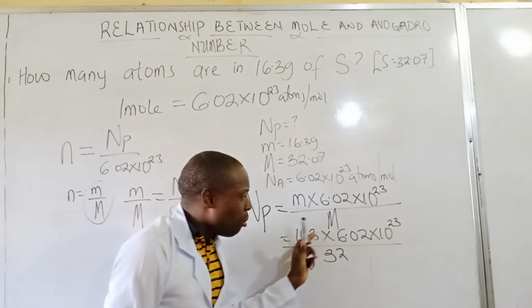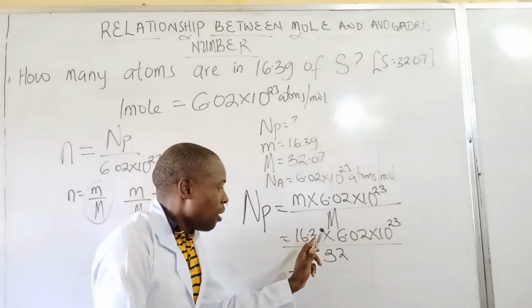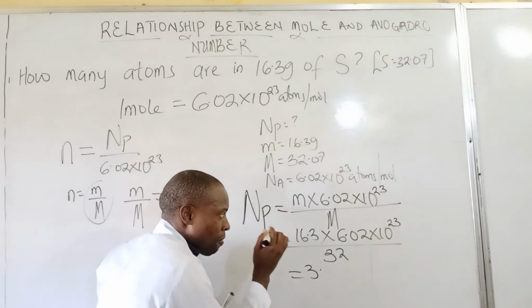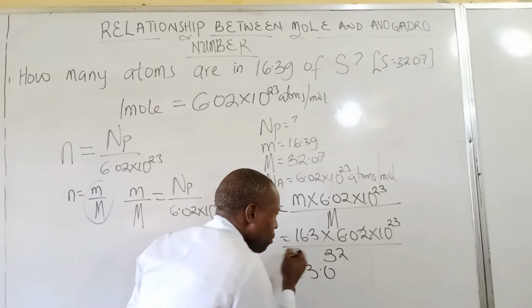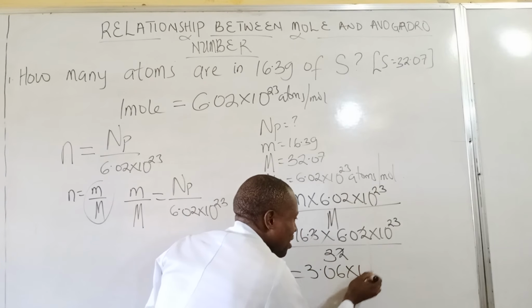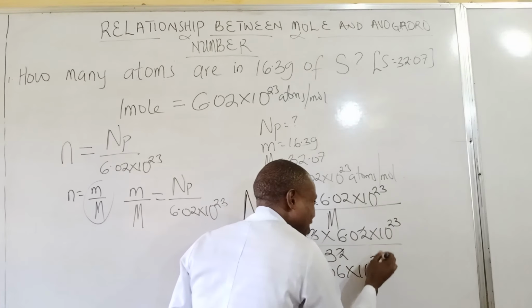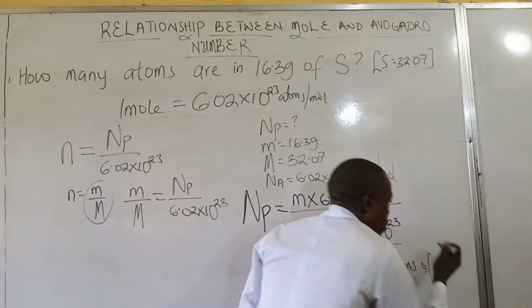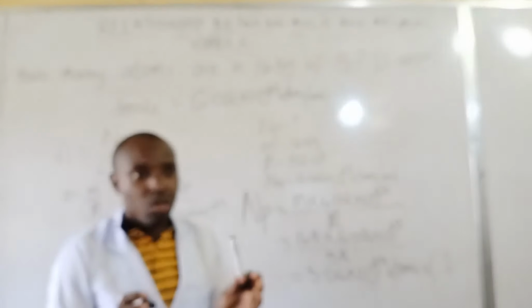When you do the multiplication and divide, it will be 3.006 times 10 raised to the power 23 atoms of sulfur. So we'll move to the next question.